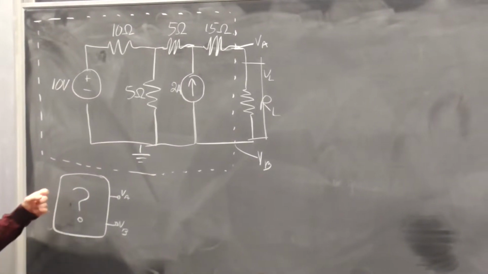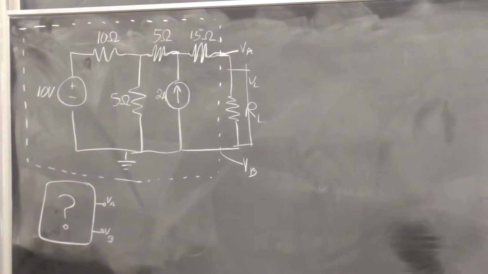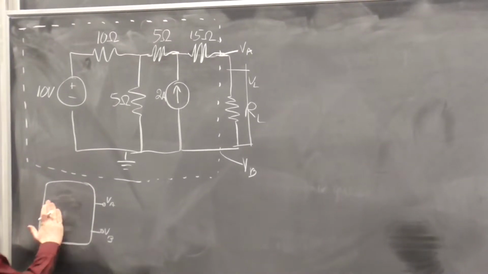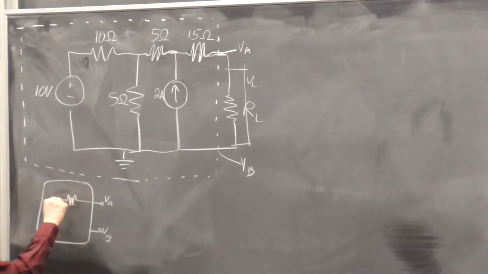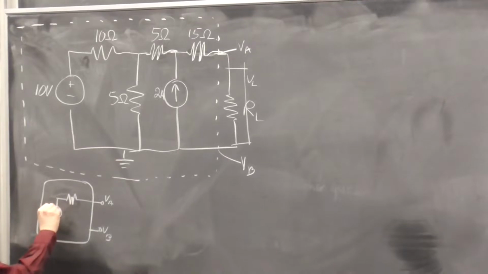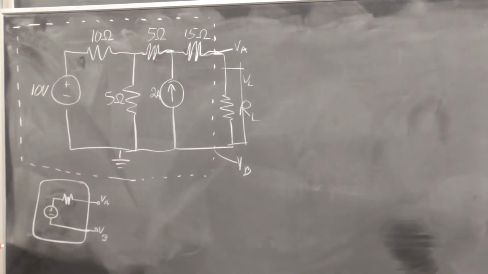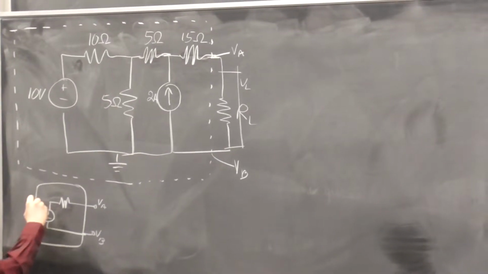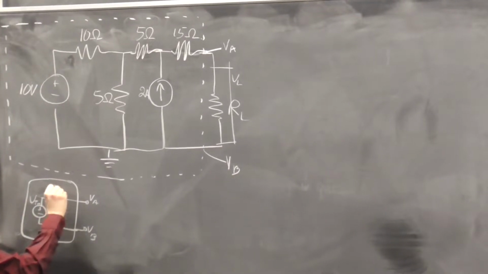We need to figure out how this breaks down. With Thevenin analysis, we always know that we will eventually result in a single resistor in series with a single voltage source. The question is, what's this resistance? What's this voltage? We'll call these VTH and RTH.